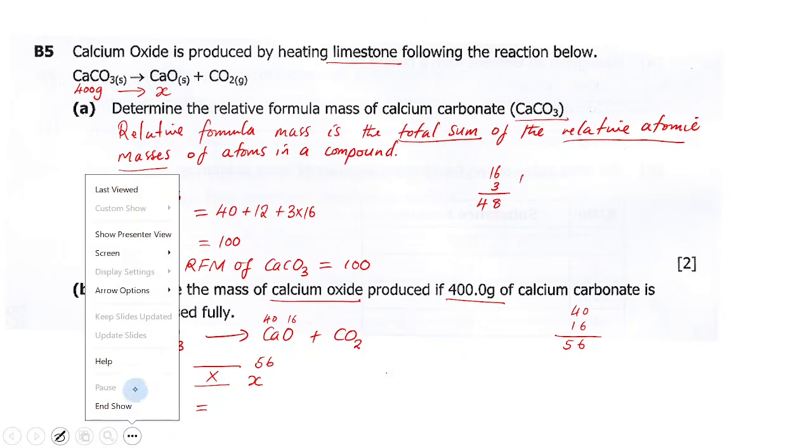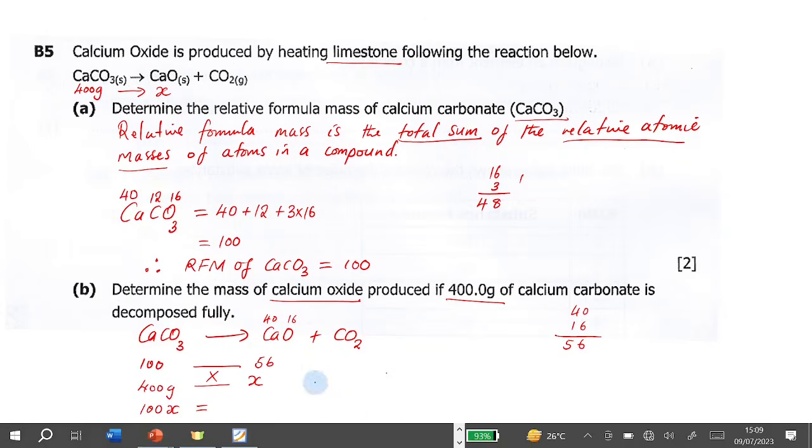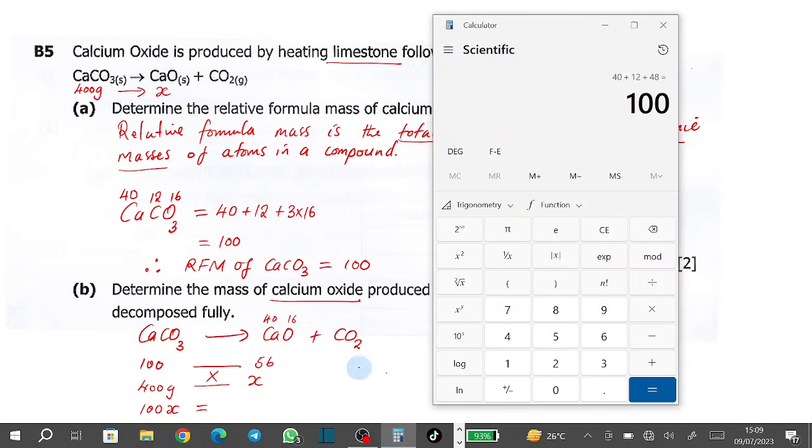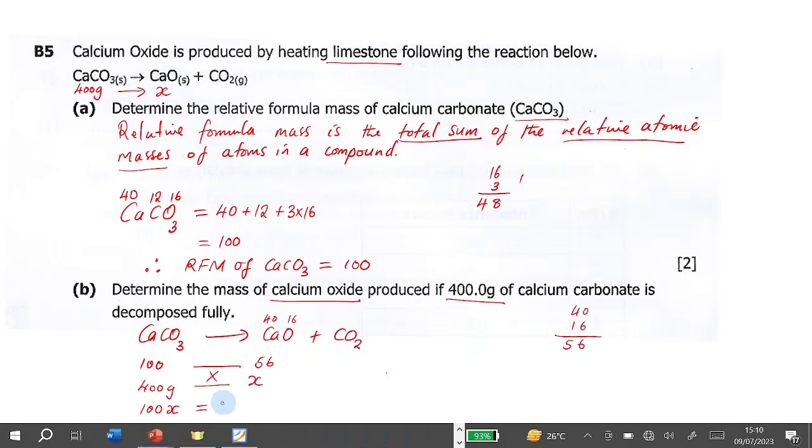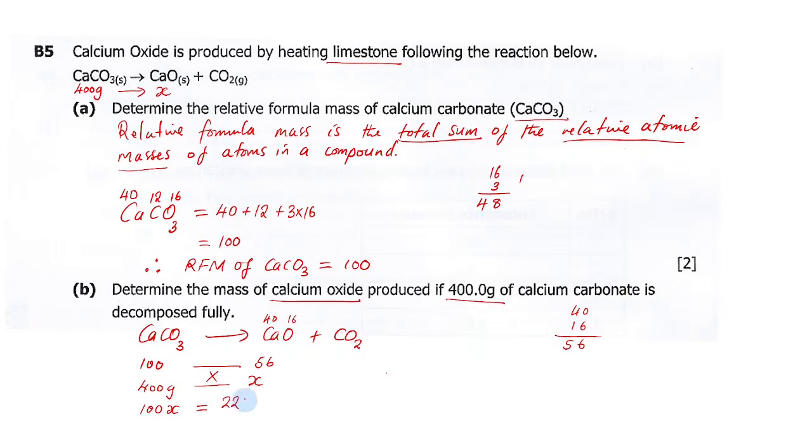Let's do that. 400 times 56, what are we getting? 22,400. Because of the G here, we put grams. We want to know the value of X, because that represents the mass of calcium oxide.